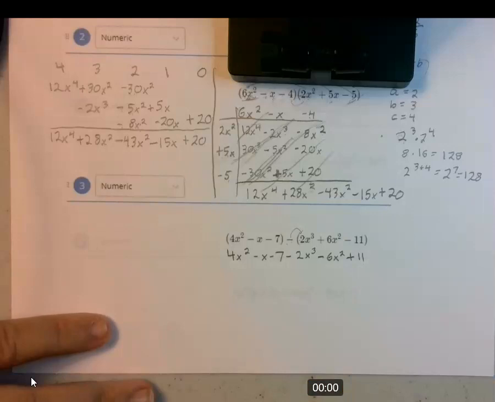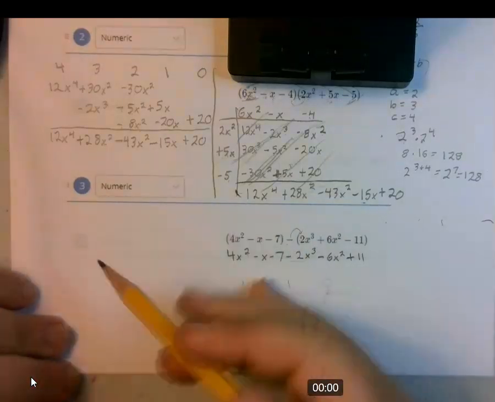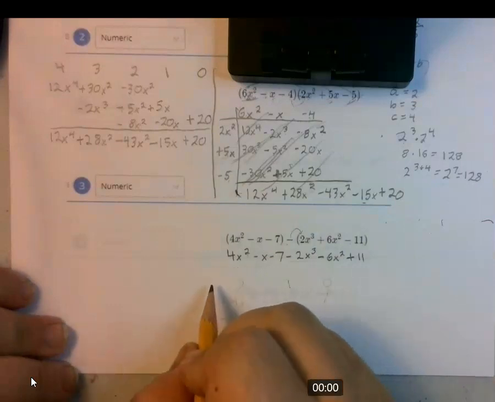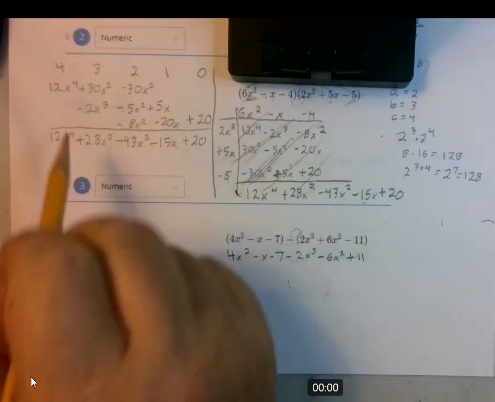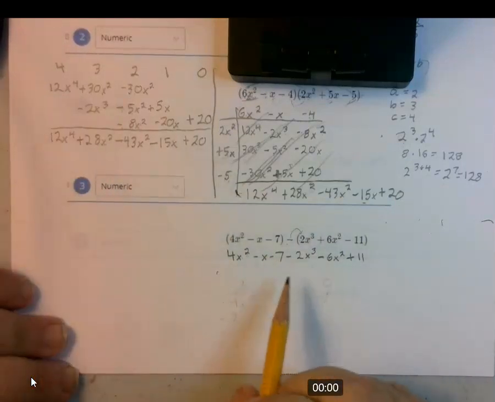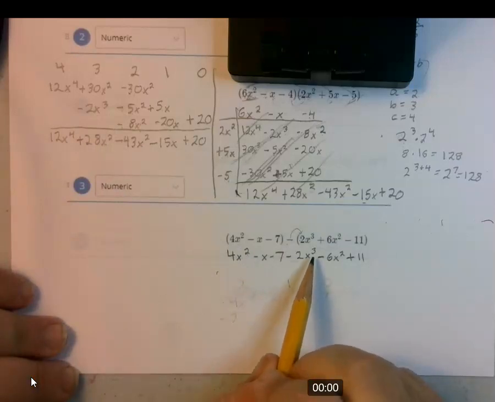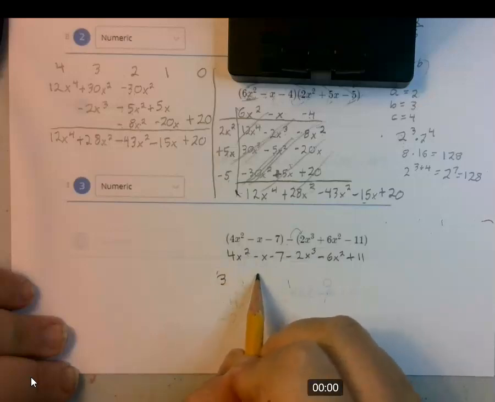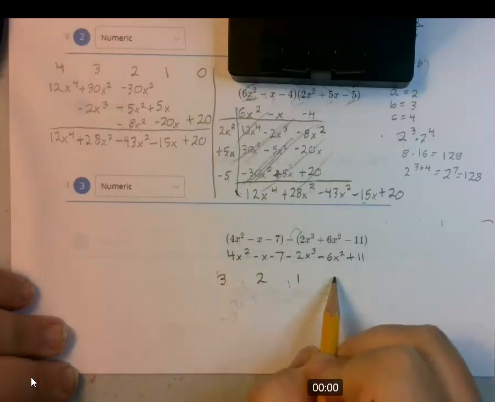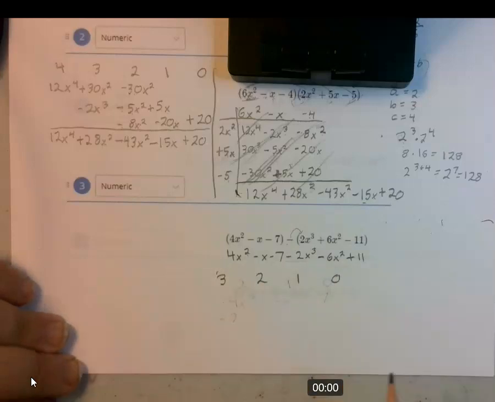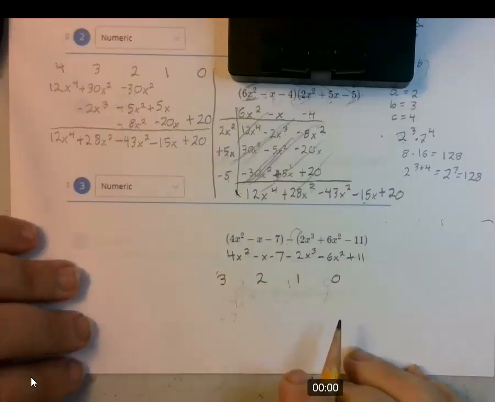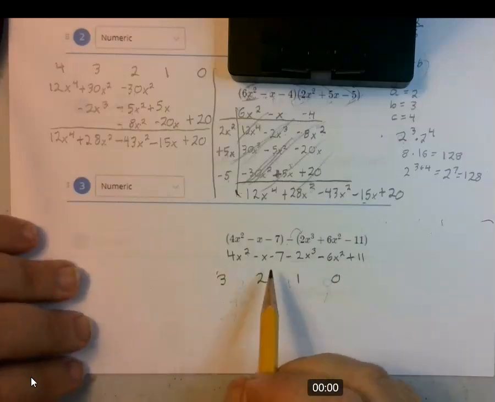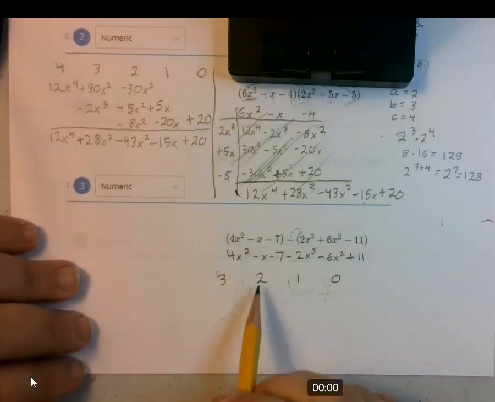Okay, so now we're going to set up the equation the same way we did the first one up at the top. So the highest order term I see is a 3. So I'm going to put a 3 over here, and then we have 2, 1, and 0. Alright, so I'm going to put these terms in. The first one is 4x squared.